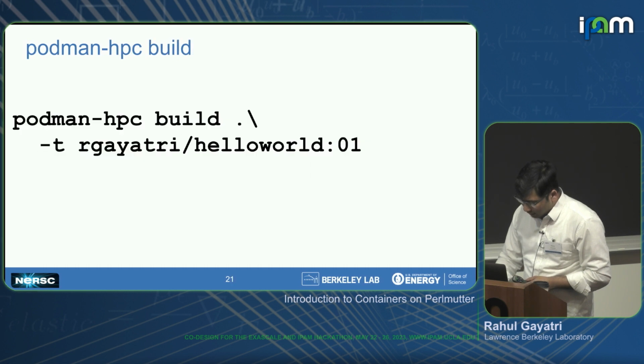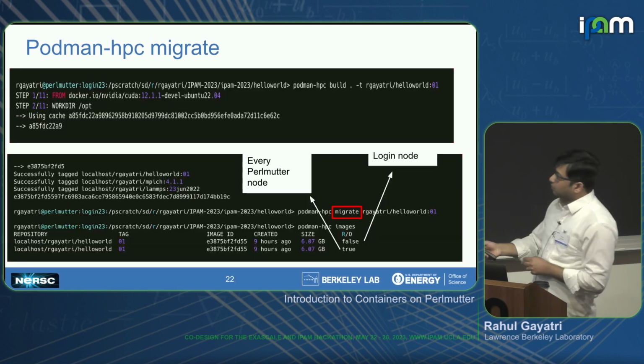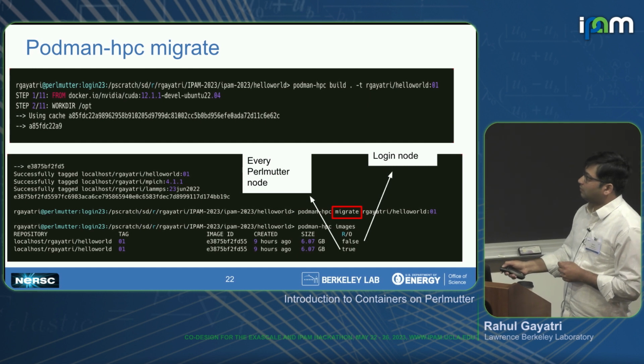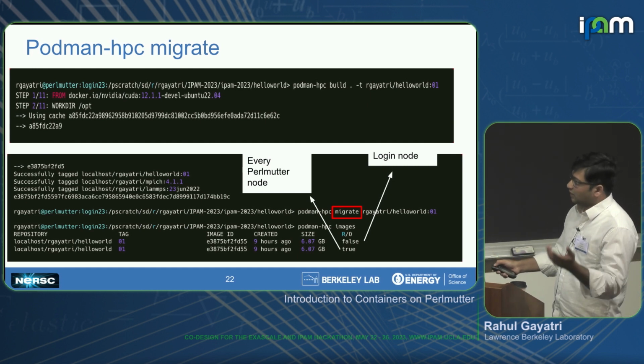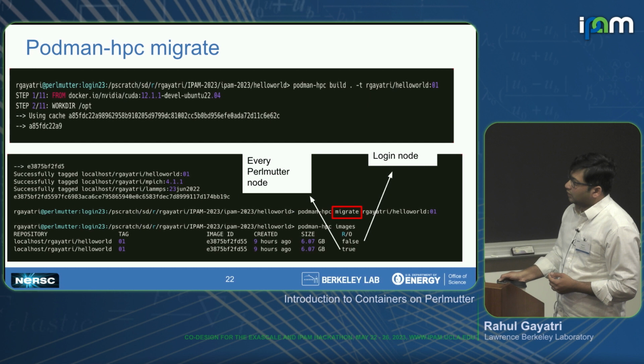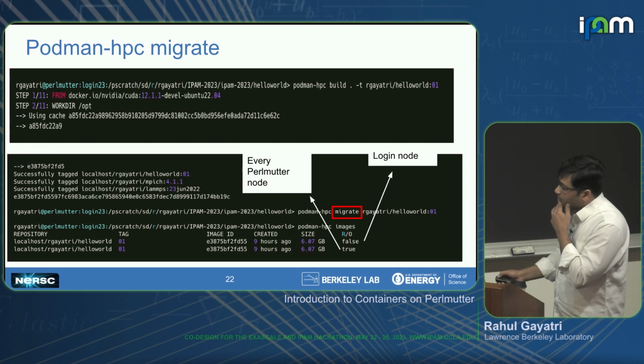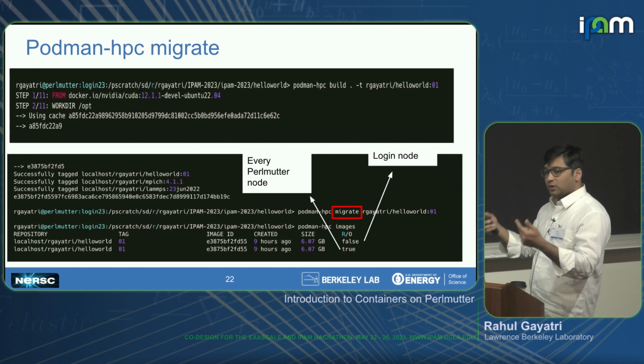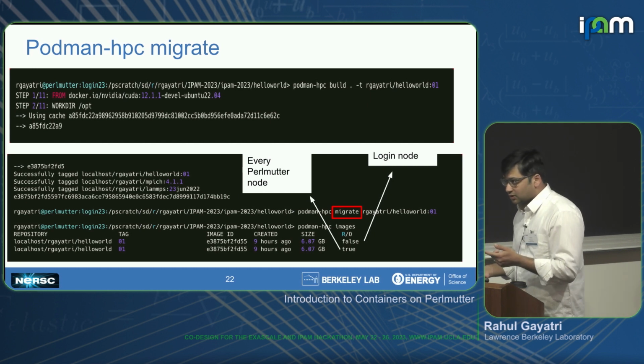So this is just a snippet of a terminal snapshot, where I did podman-hpc build with exactly the same command that I showed earlier. If you see, it starts from Docker, NVIDIA's CUDA version on Ubuntu 24, and all those things. If you remember, I said that if you have already built the image once, it will store your cache.